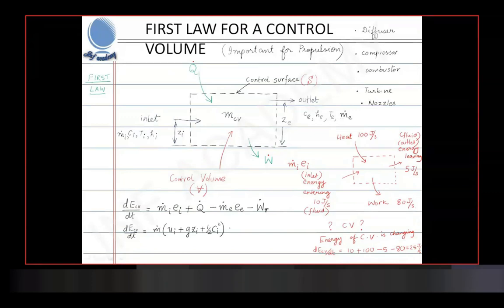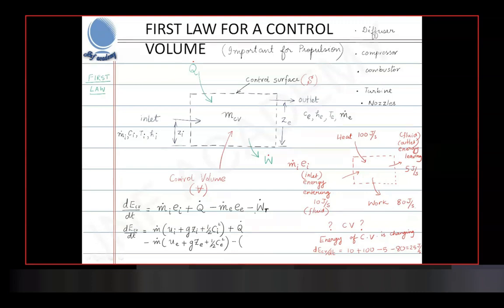This will be ei plus Q dot minus m dot ue plus g ze plus half ce square, minus the W dot.